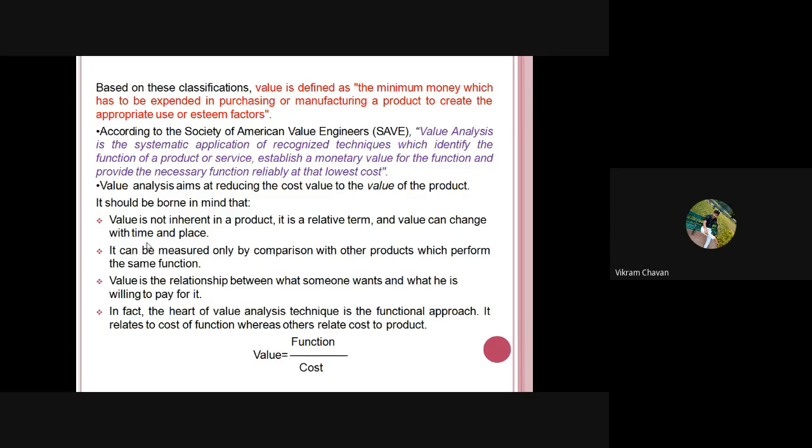Value is not inherent in a product, comma, it is a relative term, comma, and value can change with time and place. Full stop.